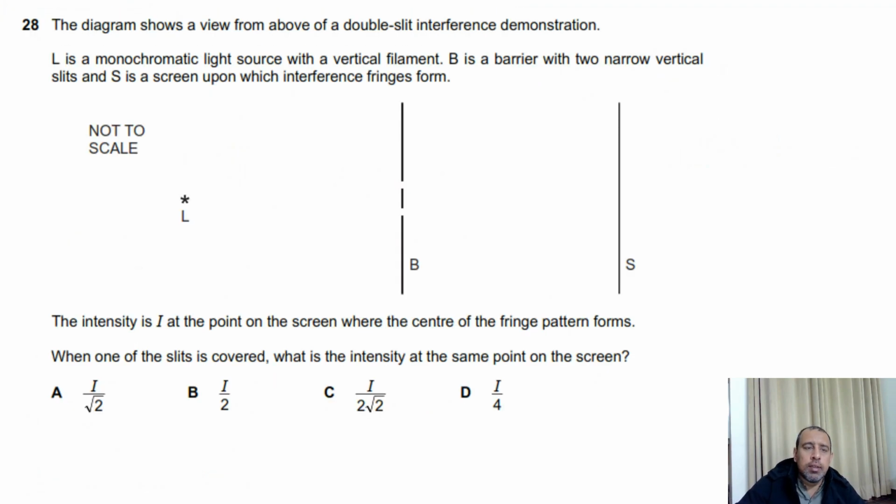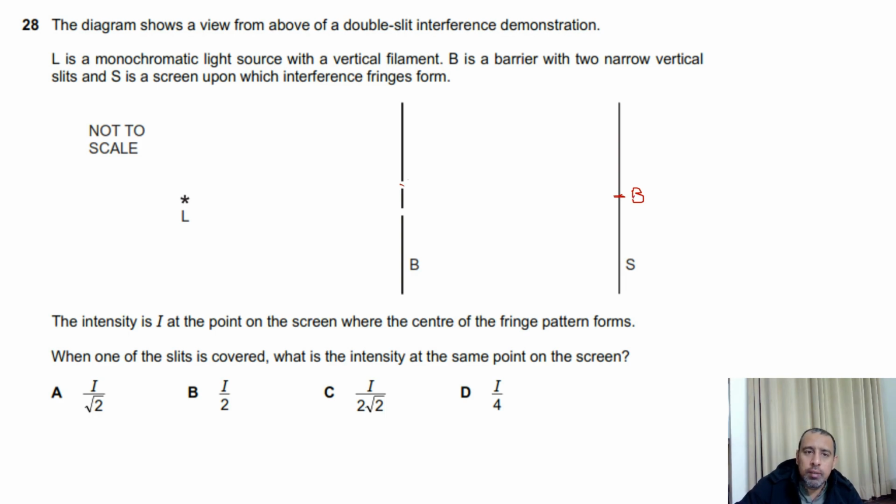Question number 28. Okay, we have the double slit interference demonstration. Two waves are definitely going to interfere. The intensity I at the point on the screen where the center of the fringe pattern is formed. It means this is the center of the screen, which is always a bright spot having constructive interference at this point.